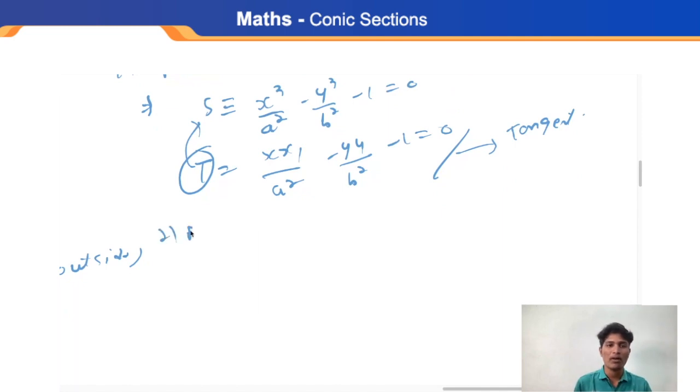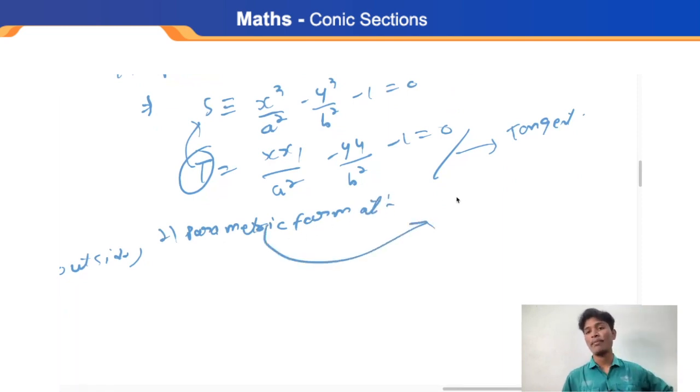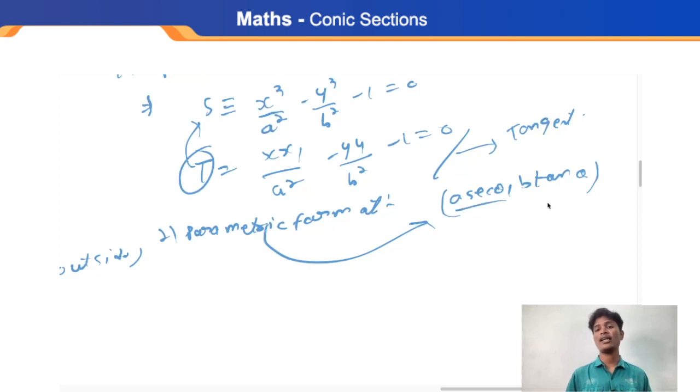What is the parametric form? When I discuss the parametric form, I will say what the parameters of the hyperbola are. The parametric coordinates are a secant theta, comma b tan theta. The circle has a cos theta, comma a sin theta. The parabola has a t square, comma 2at, and the ellipse has a cos theta, comma b sin theta. Here I have a secant theta, comma b tan theta.